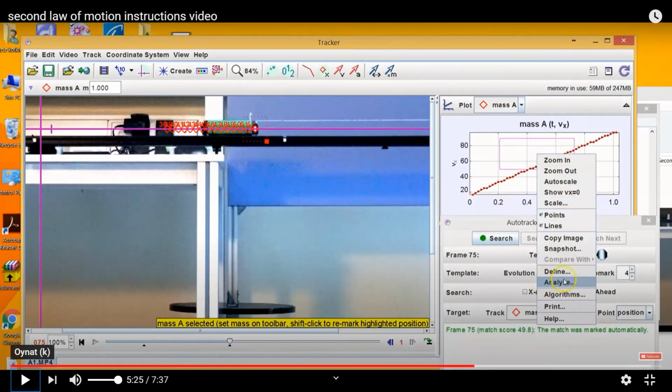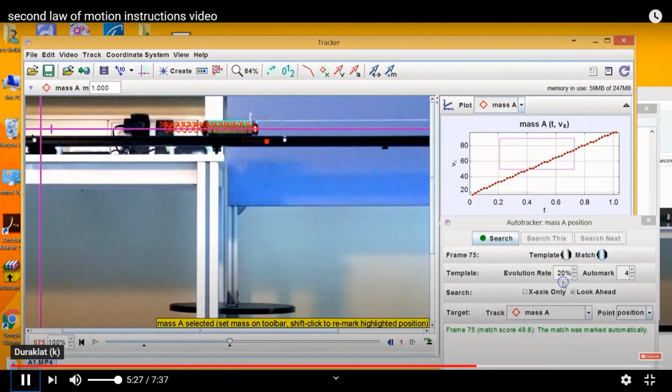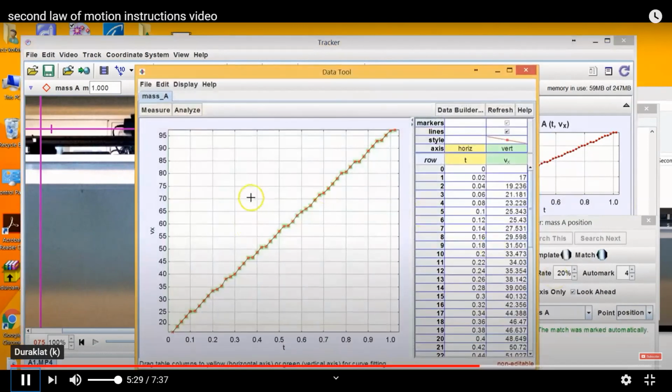In order to analyze the data, the Data Tool screen is opened by clicking on the right button of the mouse and then Analyze.